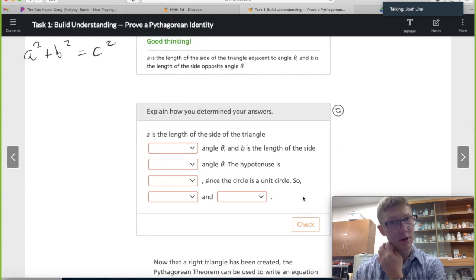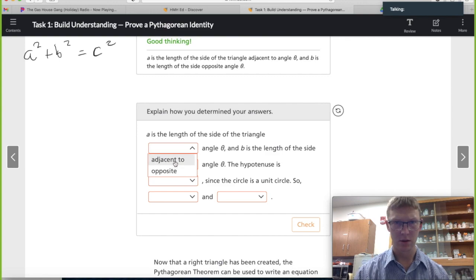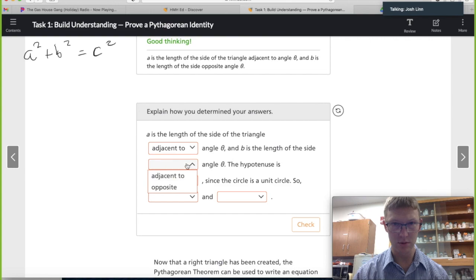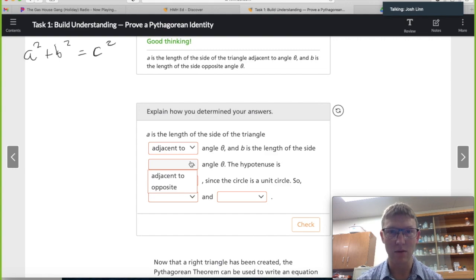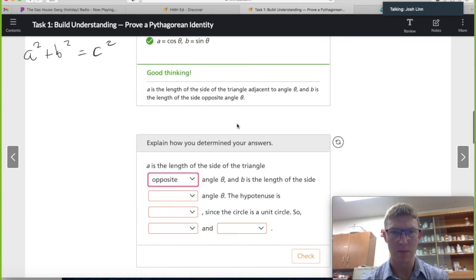So explain how you determined your answer. A is the length of the side of the triangle adjacent to angle theta, and B is the length of the side opposite angle theta.